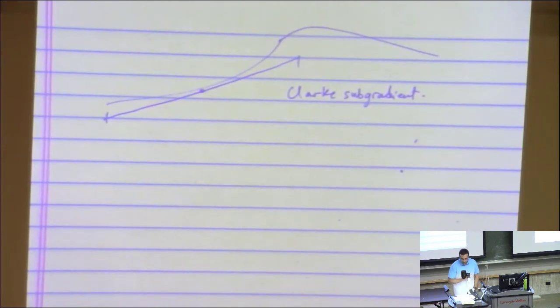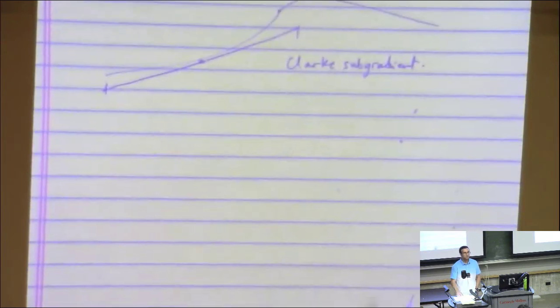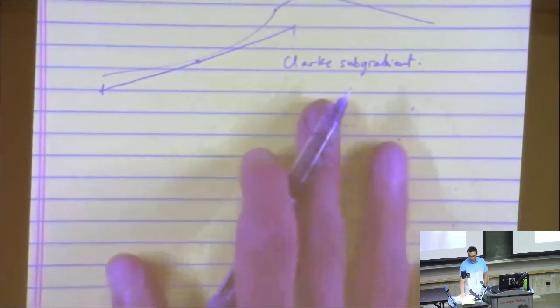There's another notion of subgradients that weakens the condition for non-convex functions, and I'm forgetting who they're named after, and I don't want to write it down because I'm probably just misremembering the name. But if you're interested, you could swing by my office hours. I could try to find it.